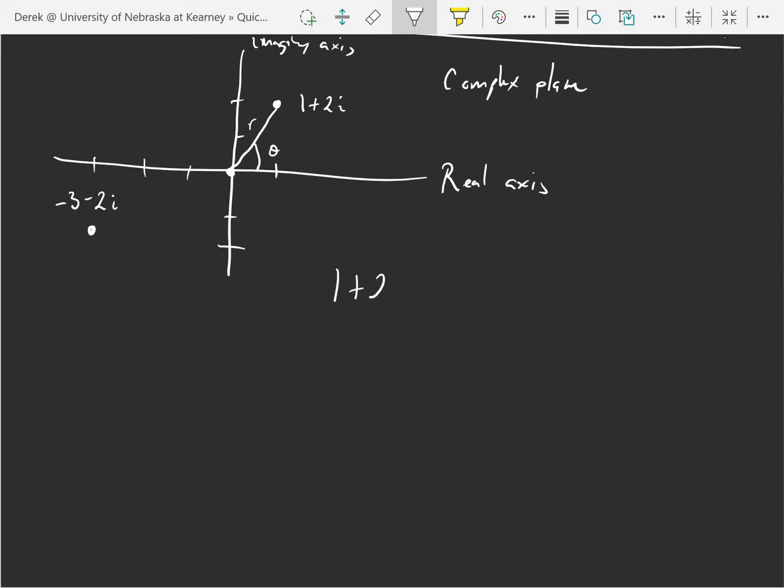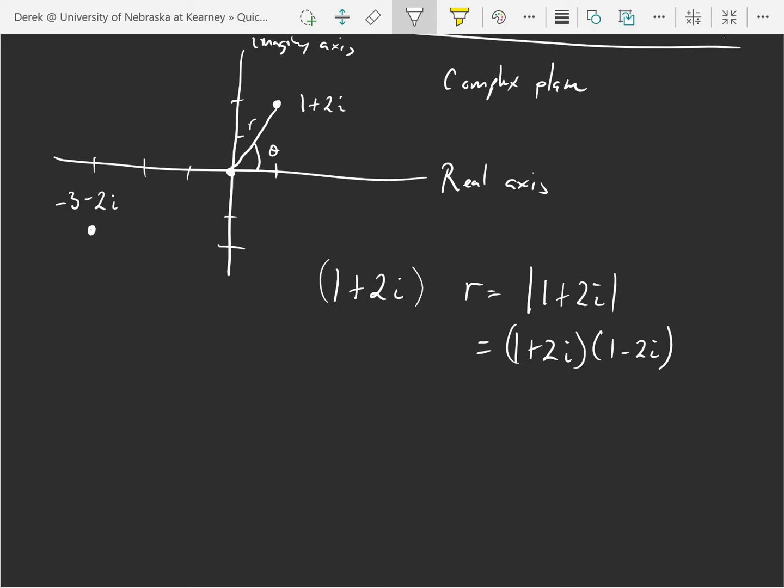So 1 plus 2i is going to have r equal to the magnitude of 1 plus 2i, which is the square root of 1 plus 2i times 1 minus 2i.